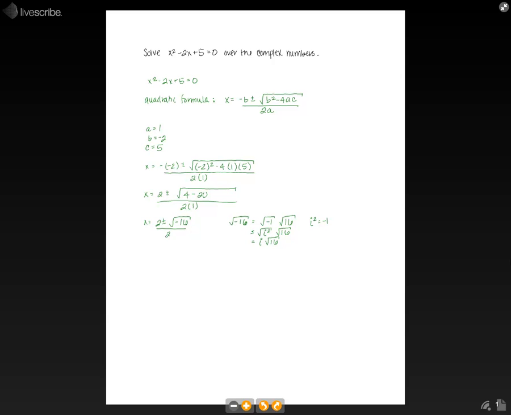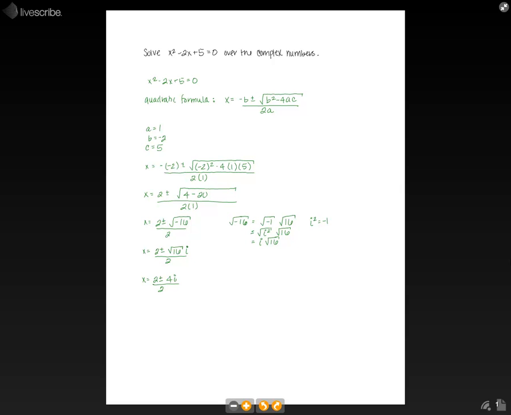Alright, so that's good. So let's go back to our original problem now. So we can rewrite that saying 2 plus or minus the square root of 16 times i. And we change the order just because the i always goes last. And then we have that over 2. We know that the square root of 16 is just 4. So we can simplify this now to 2 plus or minus 4i over 2.